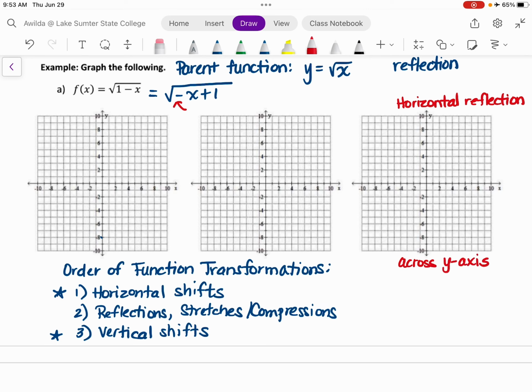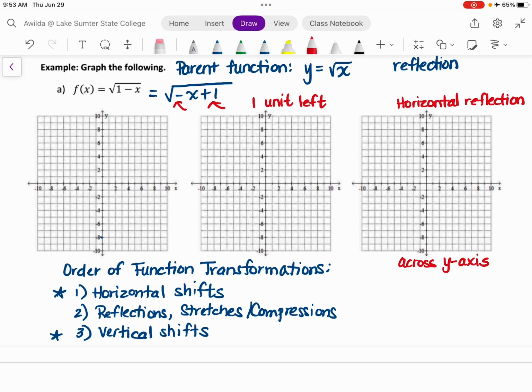And before that, we do see a horizontal shift. And in this case, it would be 1 unit left because we are adding 1, which means that we're subtracting a -1, and so that will create a translation 1 unit to the left.